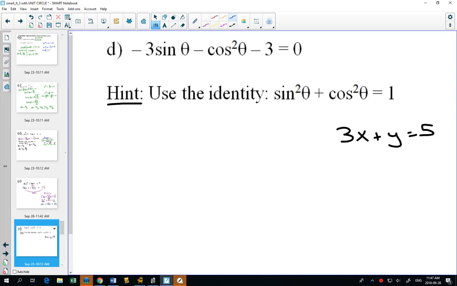I want everything. Can you solve for x and y? Is there just one answer?